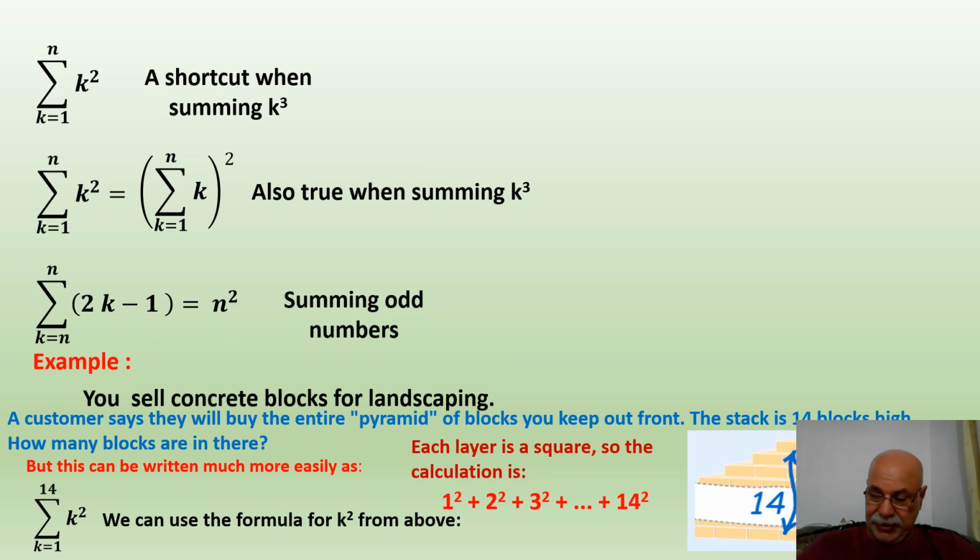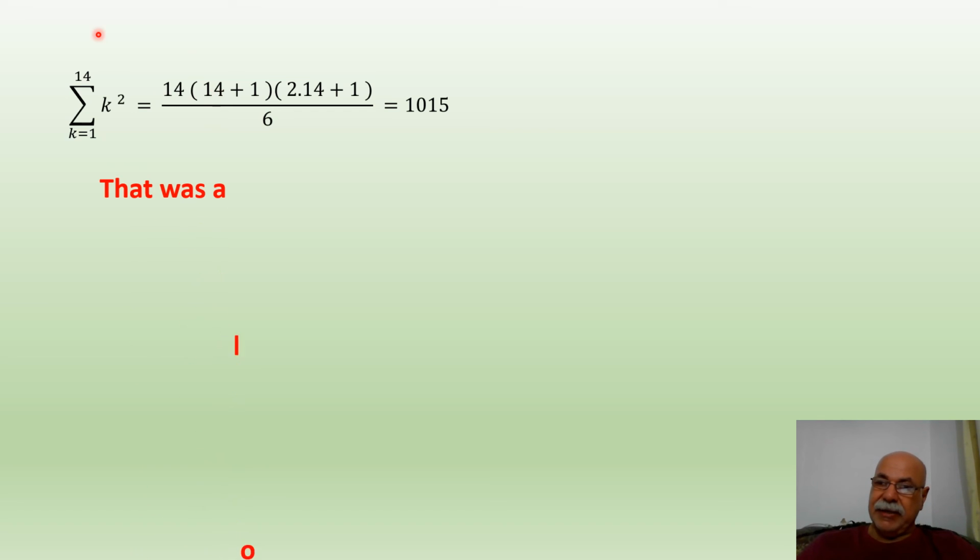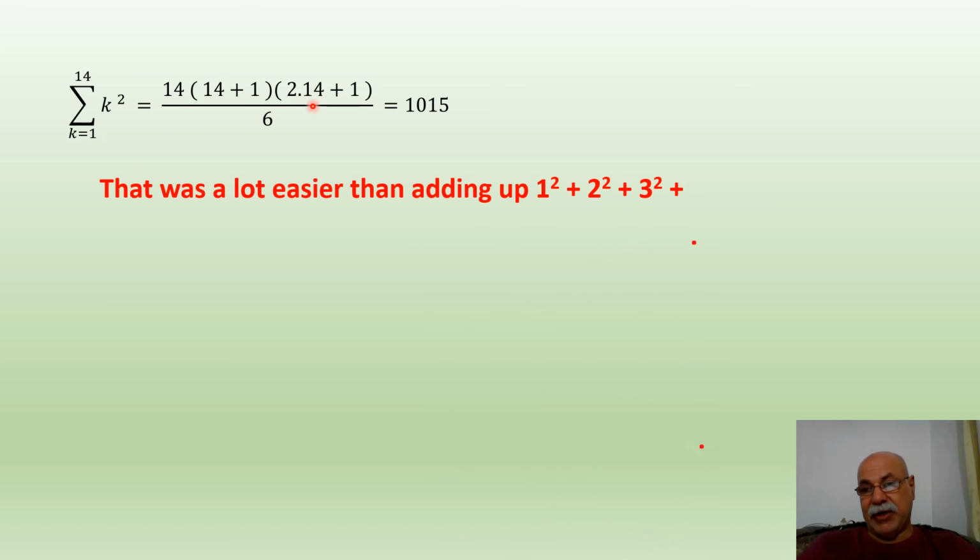We transfer this to squares, and you can return to the video about this slide. We just remove the letters and put the number instead, in order to get the result: 1015 blocks. We need 1015 blocks for that as the sum of squares. It's easier than adding.